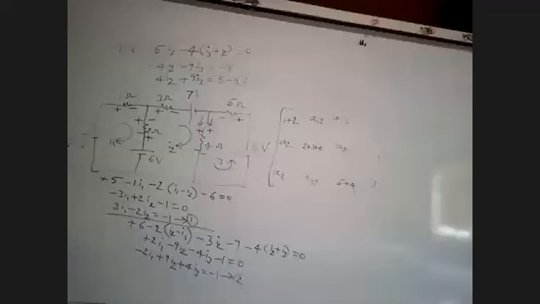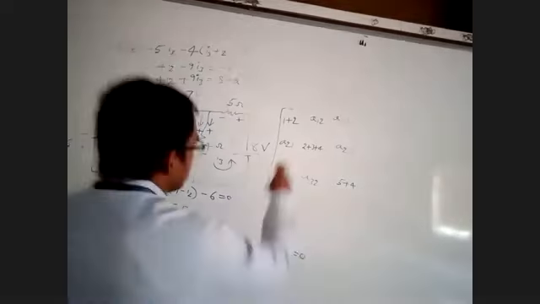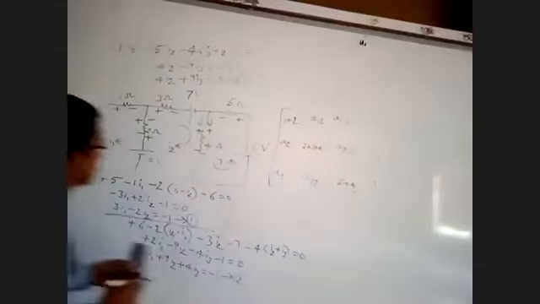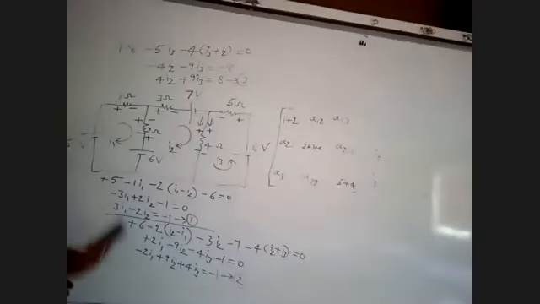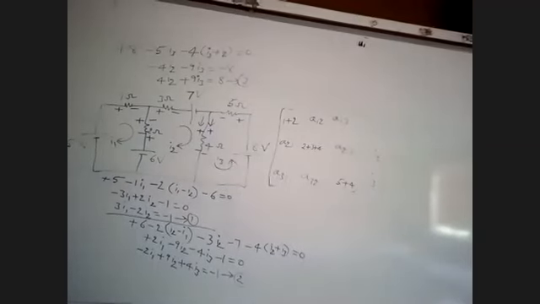Okay. Now come to the common elements. A12, first loop and second loop. The common element has opposite directions, so it is negative: minus 2. Now first loop and third loop.